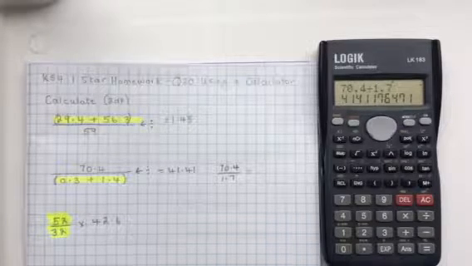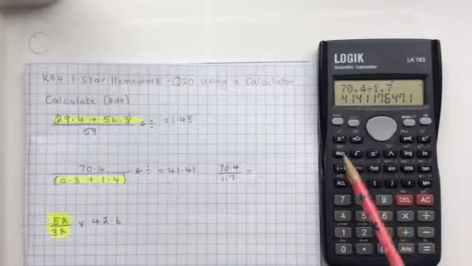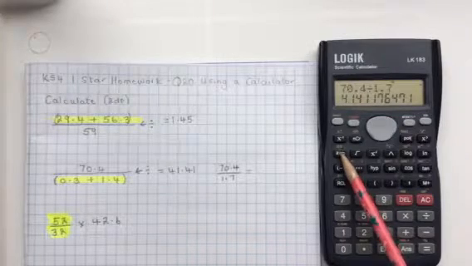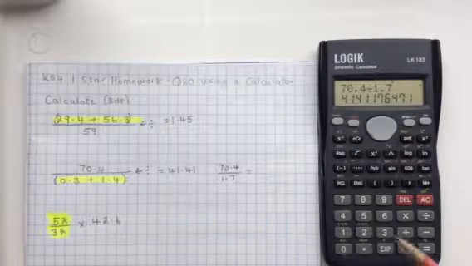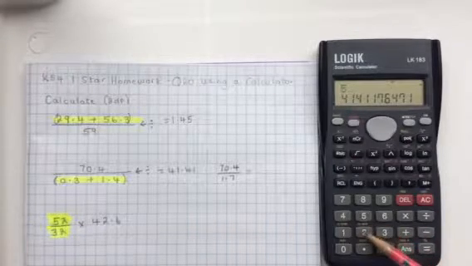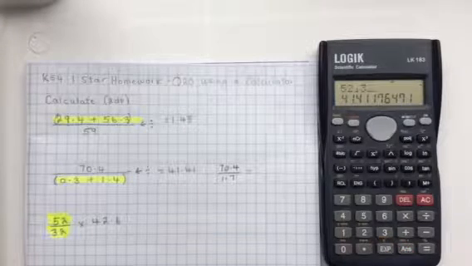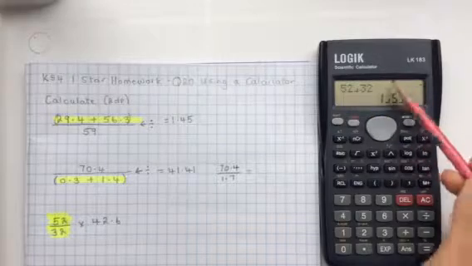So if you get stuck in an exam, you can look at the calculator and try and spot it. So you can see here that this looks a bit like a fraction, and this is actually the fraction button we're going to use. So when we are typing this in, you're actually going to be pressing 52, fraction button, 32. And if we press the equal sign, it changes it into a mixed fraction there.